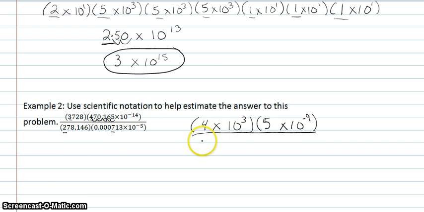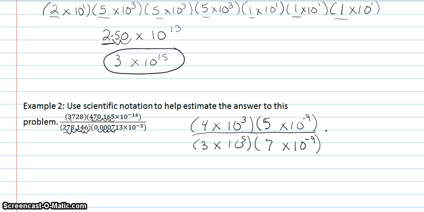Okay, then I need to estimate on bottom. So I'll say 3 times 10, let's see, it's 1, 2, 3, 4, 5 to the 5th power. And then over here, I'll have 7 times 10, and I'm moving the decimal this time to the right, so it's 1, 2, 3, 4, and it'd be a negative, so negative 5 minus 4 is a negative 9.